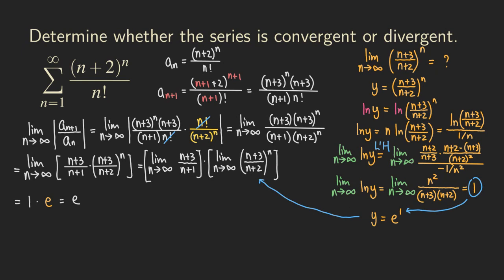Now, e is greater than 1, right, as you can see. Since e is greater than 1, by the ratio test, this series diverges. And so now we can write down the conclusion.